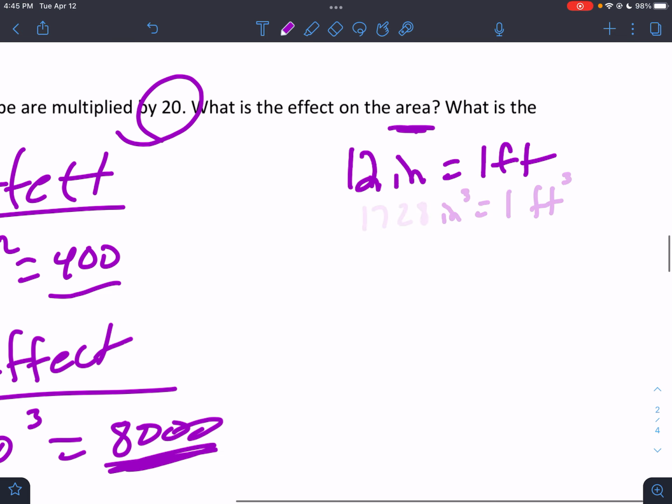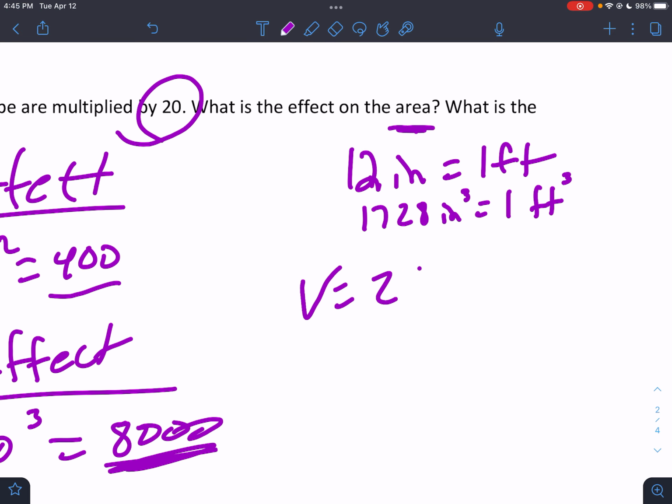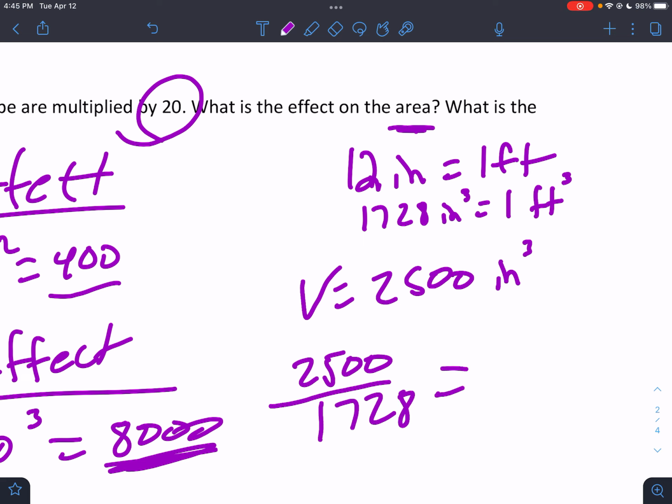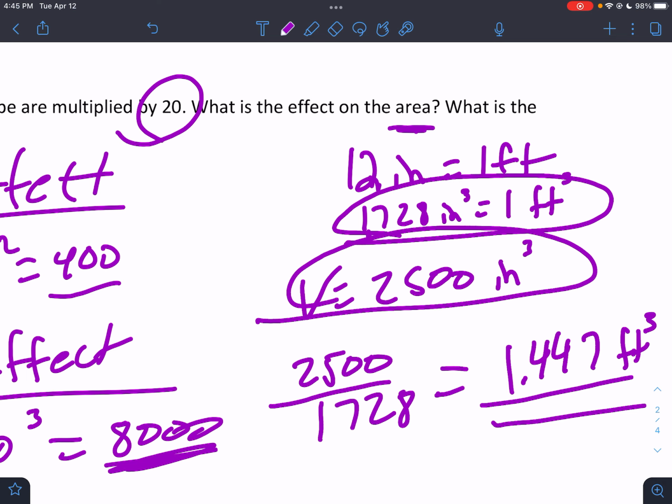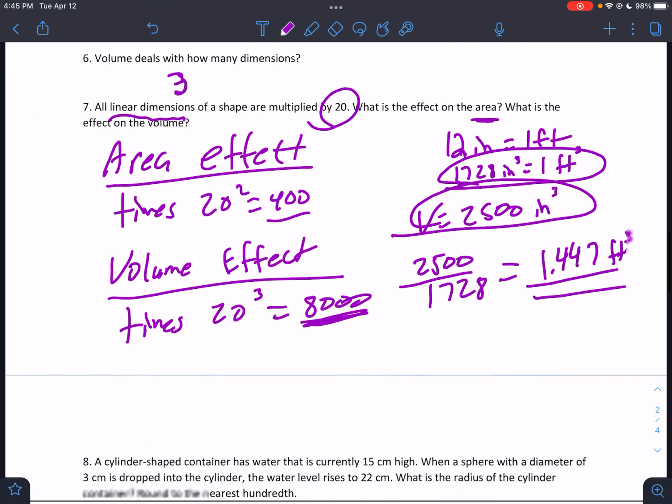If you know that the volume of something is like 2,500 inches cubed, you would have to do 2,500 divided by 1728, and you would get about 1.447 feet cubed. Yeah, that's how it works. If you're working with volume, you better use volume ratios. If you're working with area, you better use area ratios.